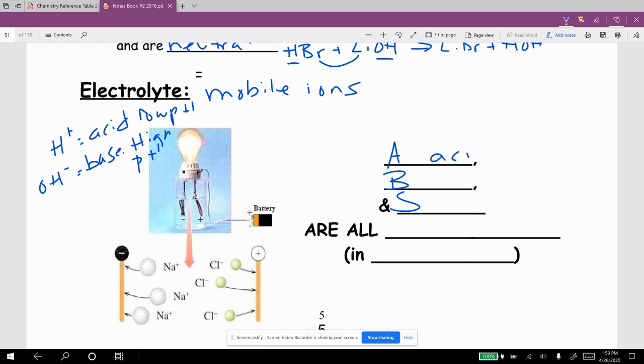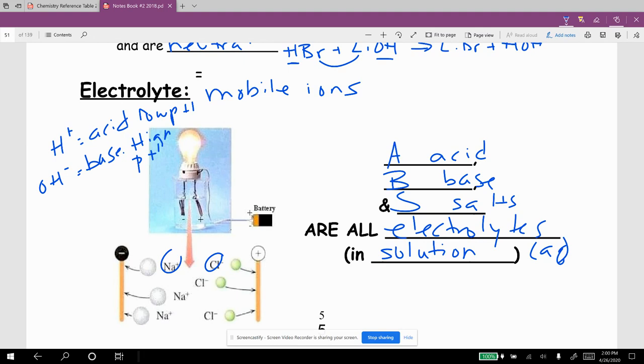So acid, base, and salts are all electrolytes. Lemonade has an acid, citric acid, and it's in solution, which means aq. So why does this light bulb light up if we put it in salt water and hook up a battery to it? Because we've got mobile ions. That's what makes those solutions conductive.